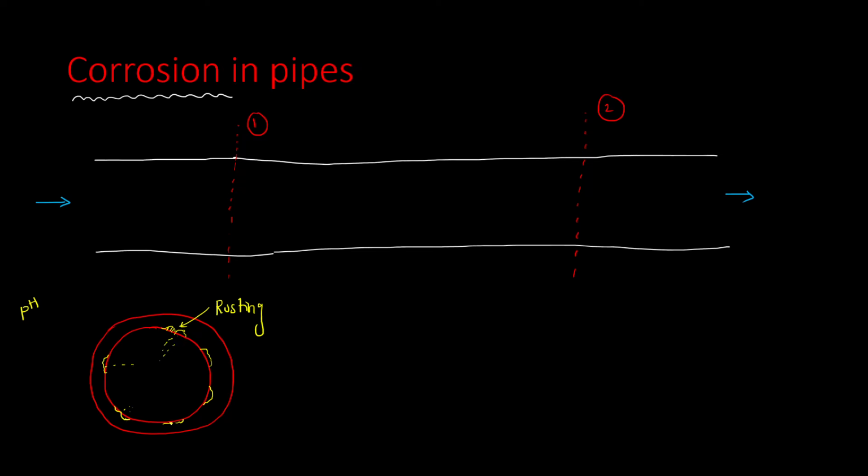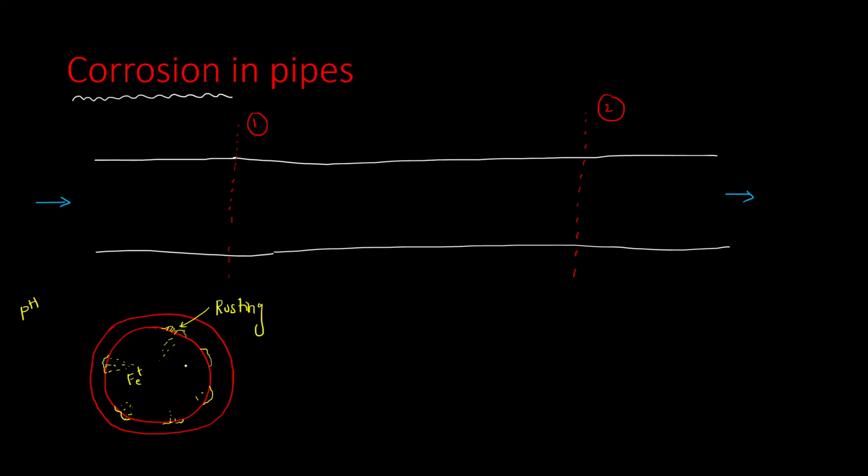I hope you are getting it. What happens generally in corrosion is the water reacts with the inner surface of the pipe, and due to the rusting, there is disintegration of the surface. So small particles are released in the water, and if you are taking a metallic pipe, then these will be iron particles.